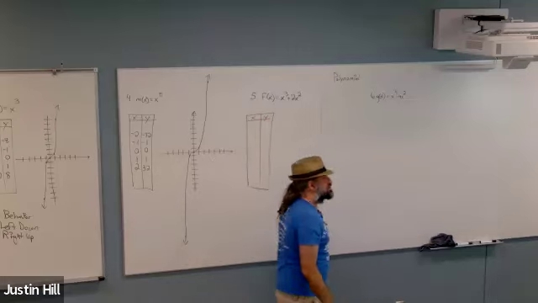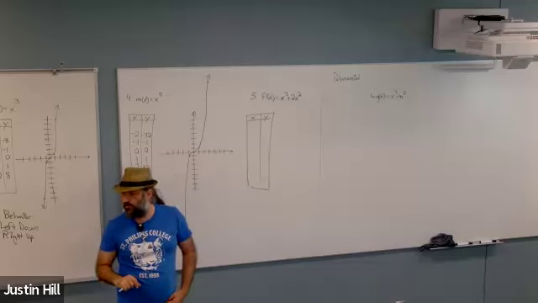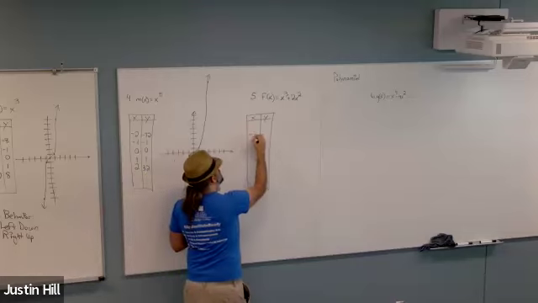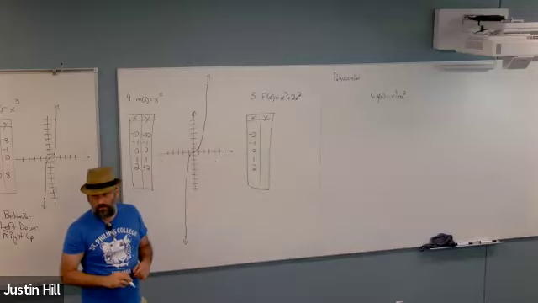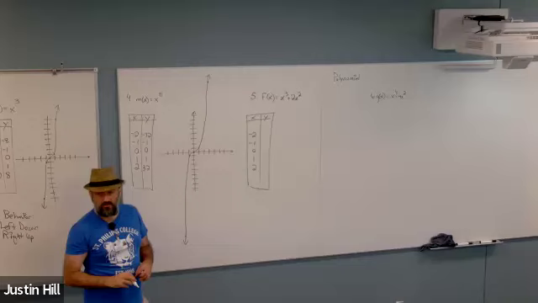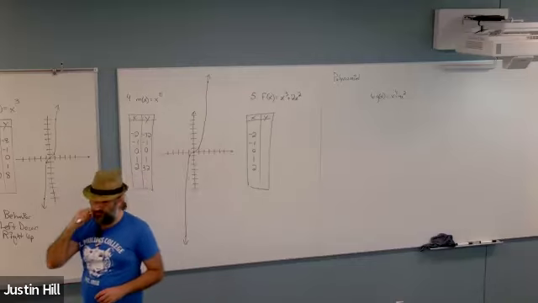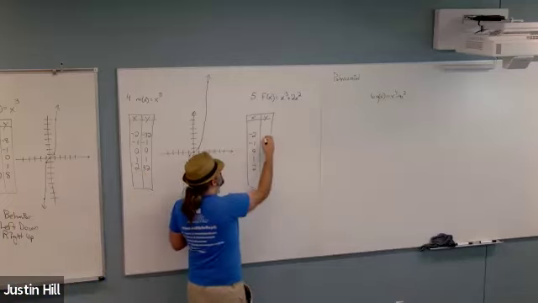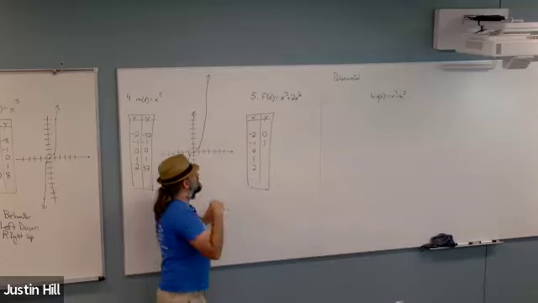Alright, so somebody give me the x values you picked. So -2, -1, 0, 2. And what y values? Okay, so -2 is a 0, and -1 does give you a 1.